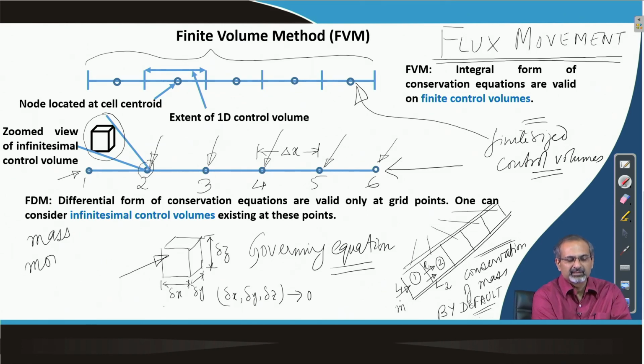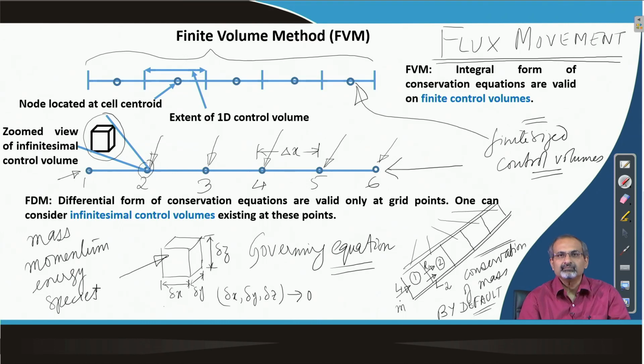It could be mass, it could be momentum, it could be energy, it could be species, and so on. Every time that we talk about a flux, we are certainly going to see conservation of the flux by default if we are properly implementing the finite volume method. So, we have to keep in mind that this is perhaps the strongest point of the finite volume method.